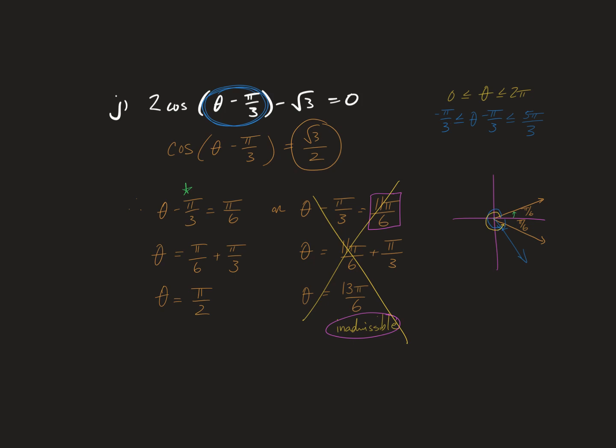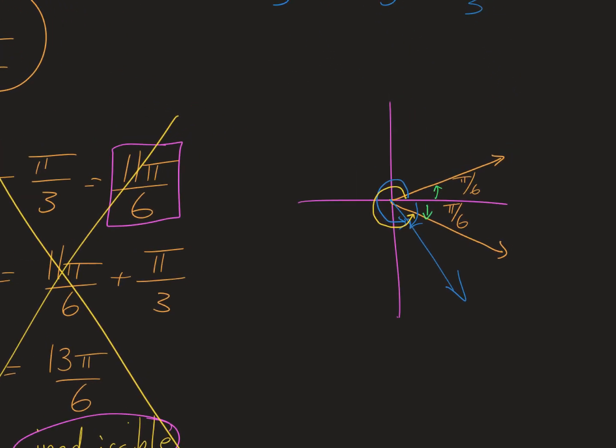Okay, what was the other solution that I was alluding to? What I could have on my diagram is another solution, and I'm going to put it with another green arrow. That maybe I rotate negative pi by 6.